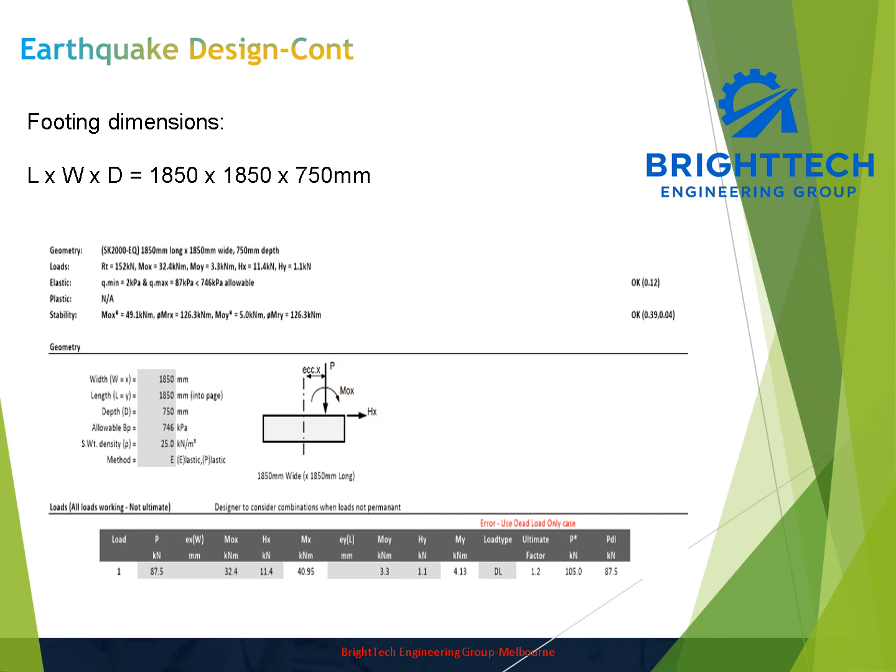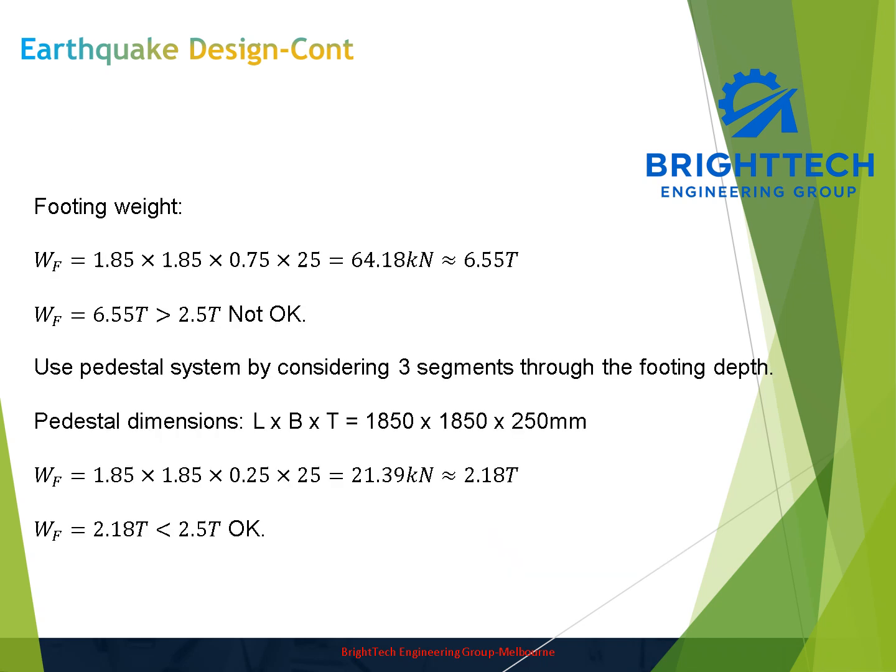Footing dimensions, lengths, widths, and depths. We consider 1.85 by 1.85 and the total depth of 750. By substituting the amount into the structural toolkit, we can check the stability of the footing.